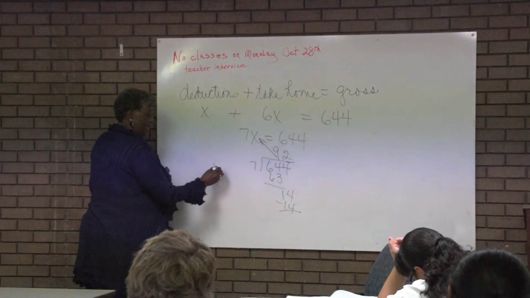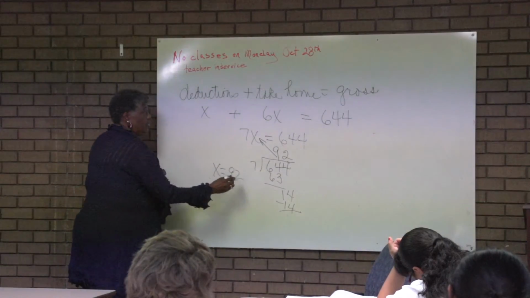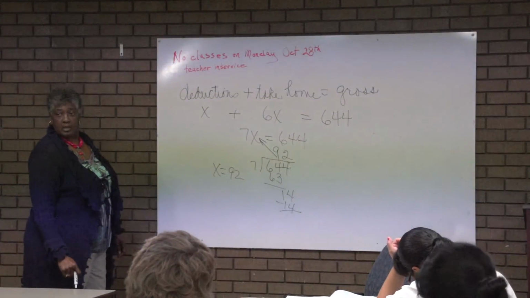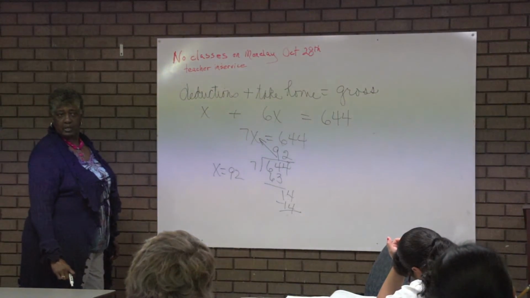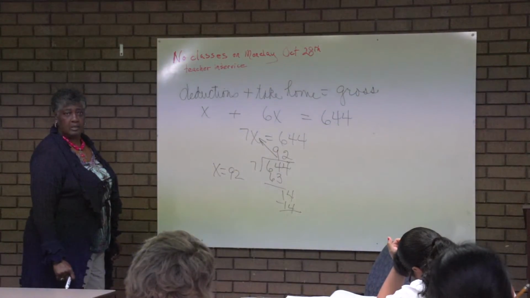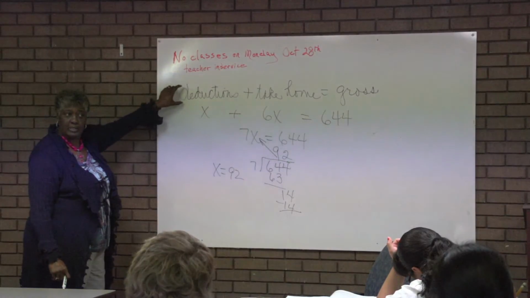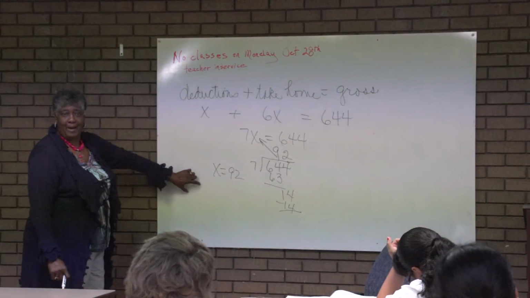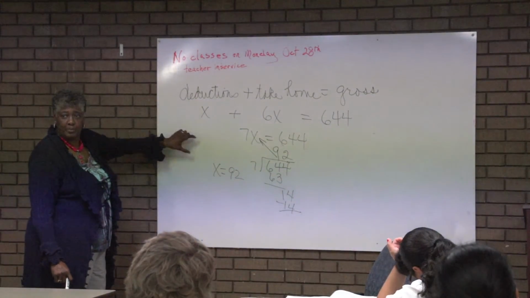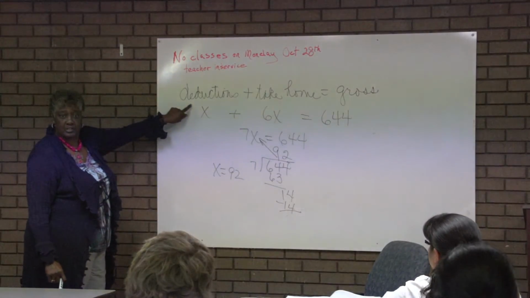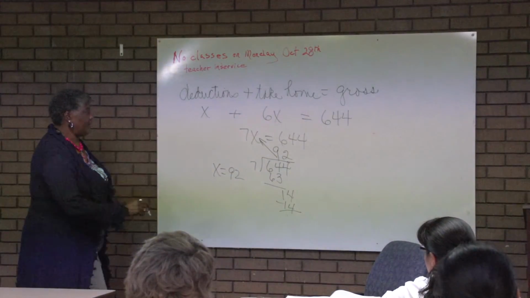And that's X. What does that represent? The deductions. That's why we always have to label it, so when we go back to answer it, we know what that X represents. The X is the deductions, so they take out $92.